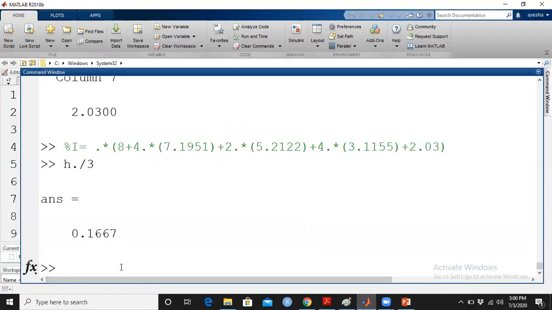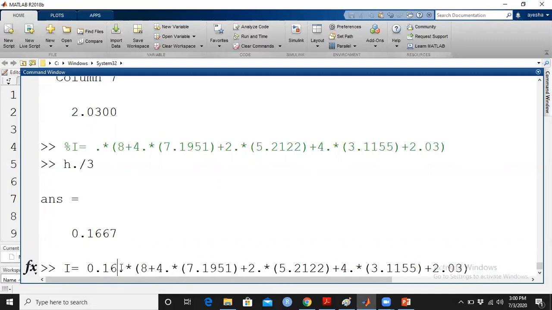Now what am I going to do? I will remove the percent sign. I will write here for your understanding. I'm doing it in a very simple way so that you can do it in your notebook. f(a) plus 4 times f of, now this functional value will change.